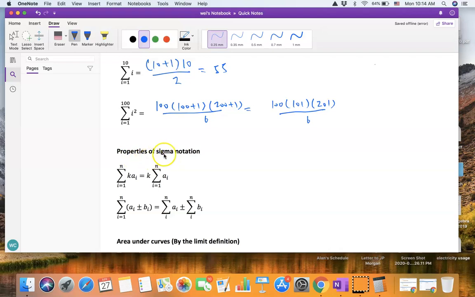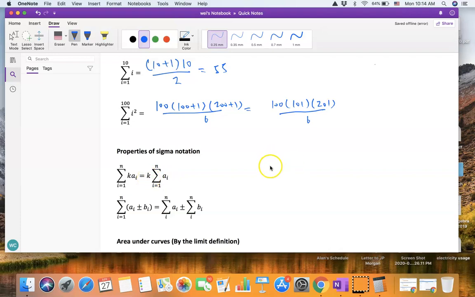There are two properties of sigma notation. The first property says if each term a_i has a constant, and this constant is the same, we can factor out this constant. So we can find the summation of a_i, and then multiply that by this constant.